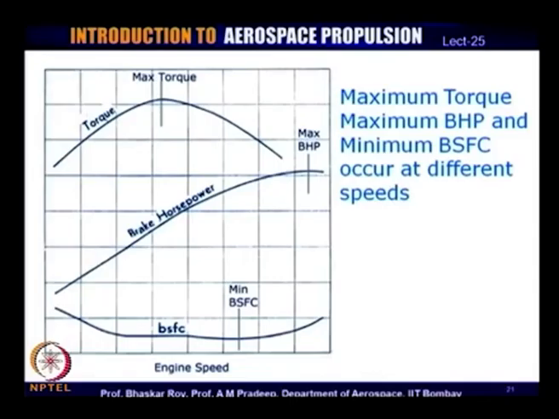So, we have 3 different speeds, and this is true of most engines, all kinds of engines, that IC engines that power the aircraft power plant. And this is what an engine operator will have to quickly figure out and apply his engine control to operate.